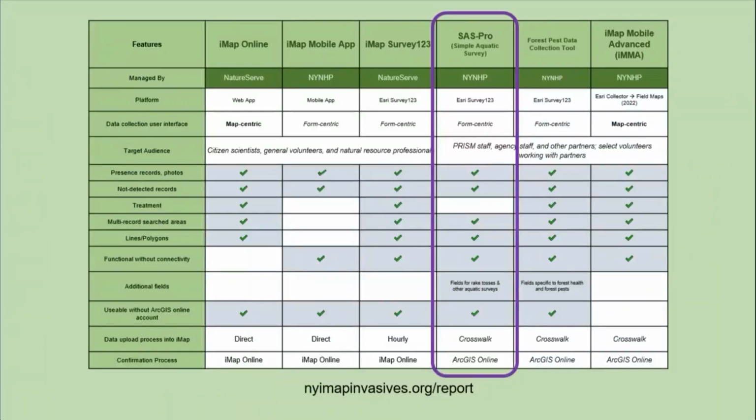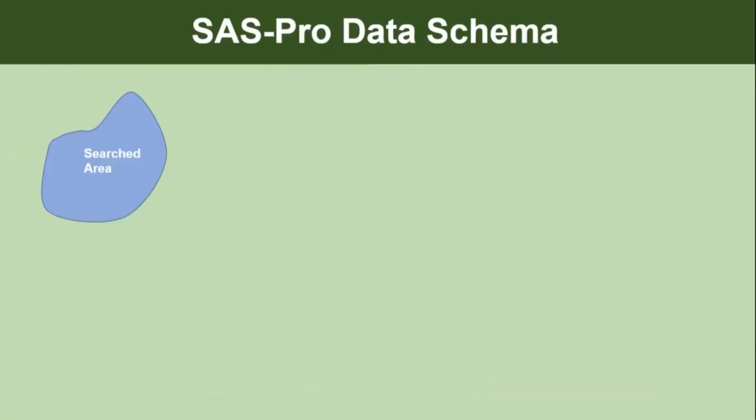And I'll show you at the end where to go to learn more about how to use these tools. But the other tool I'm going to talk about is Simple Aquatic Survey Pro. This is very similar to the general Survey123 form, but it's a different Survey123 form.